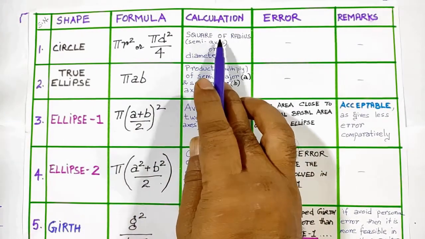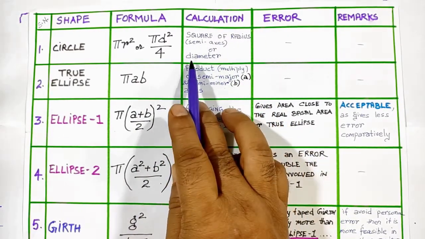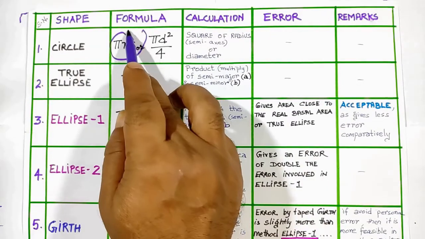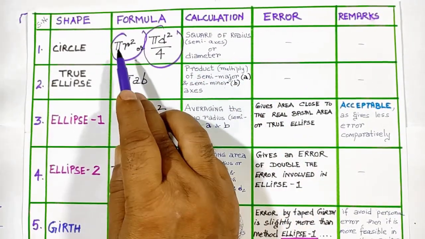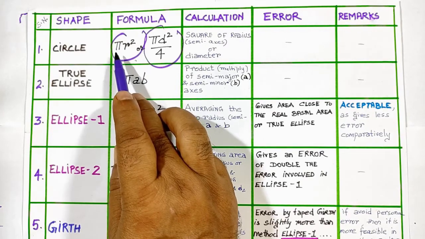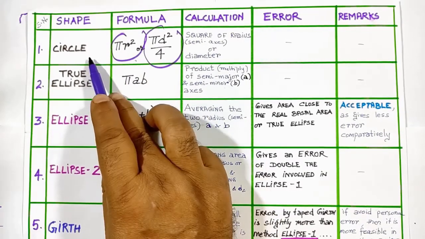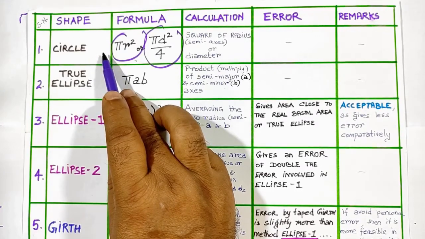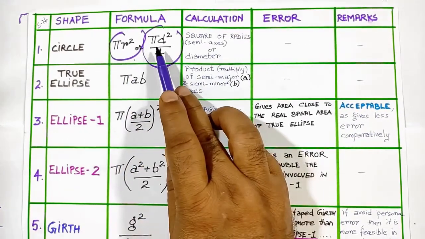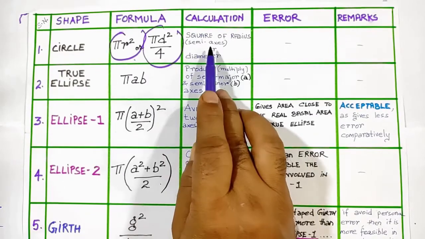This is by radius, and this is by diameter. When we take radius for calculation of basal area, we use pi r square when it is a true circle. It is not possible for all trees to be a true circle, and the formula with the diameter is pi d square divided by 4.